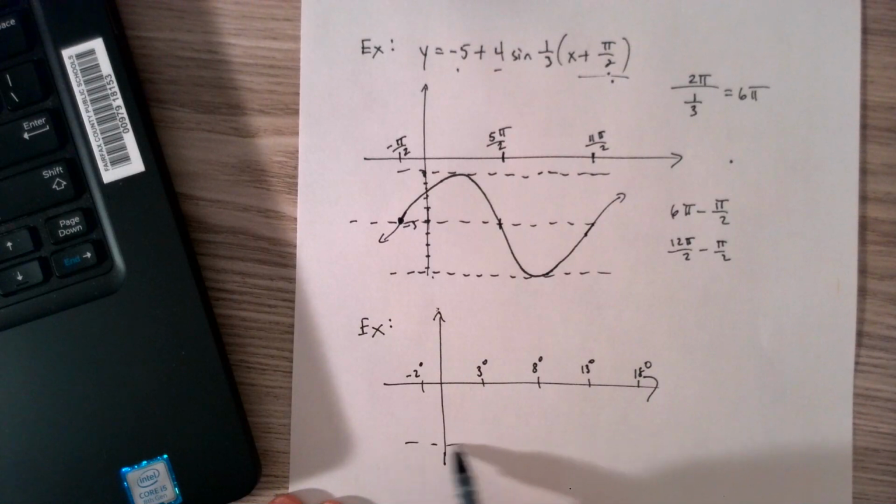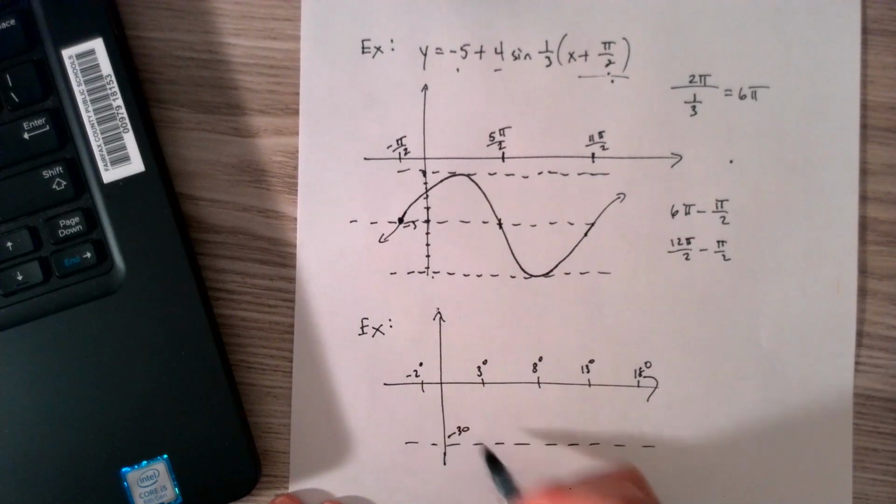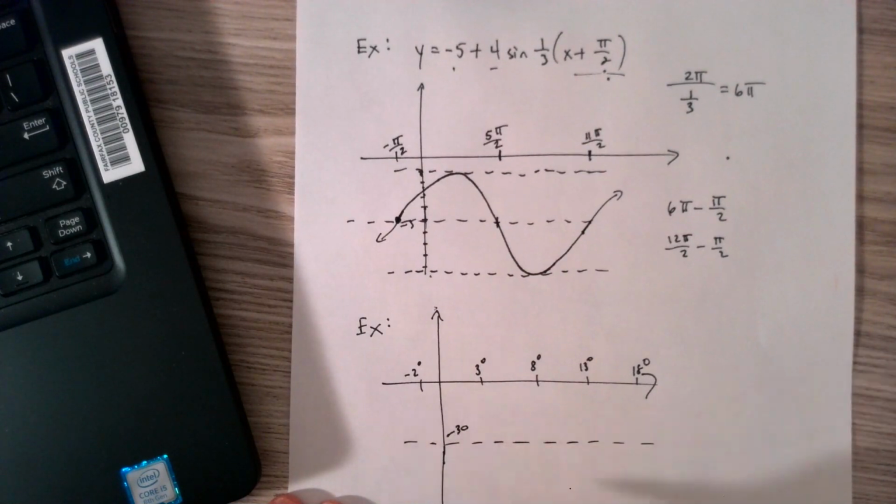So what you're given is a sinusoidal axis at negative 30, lower bound negative 40.